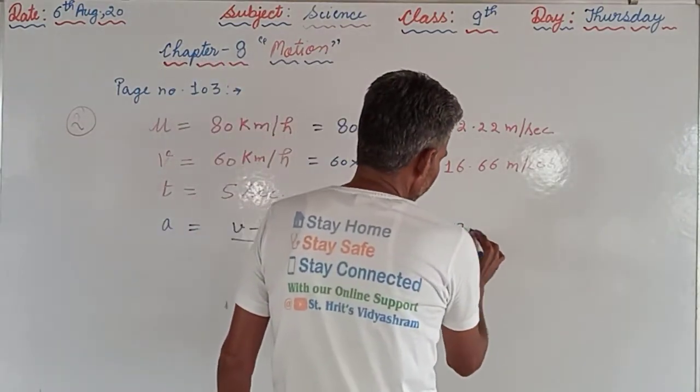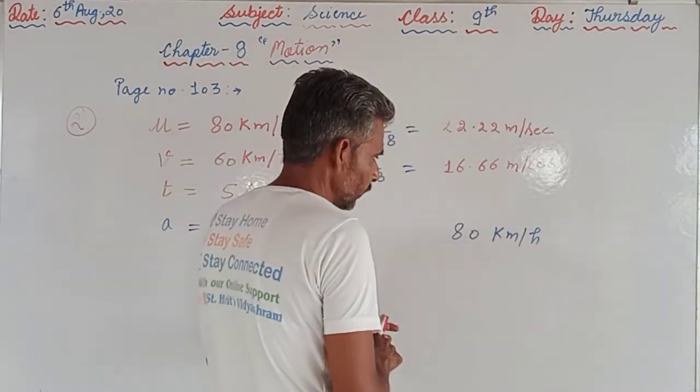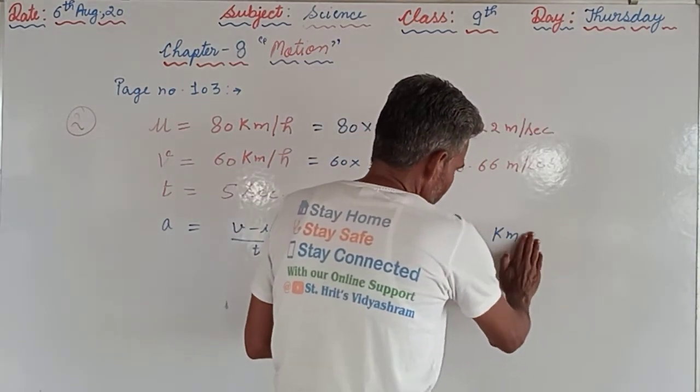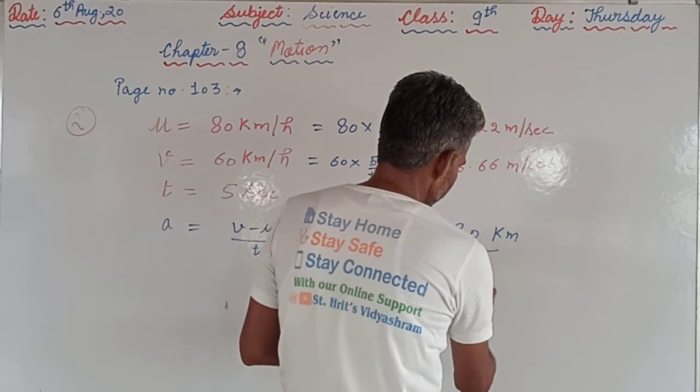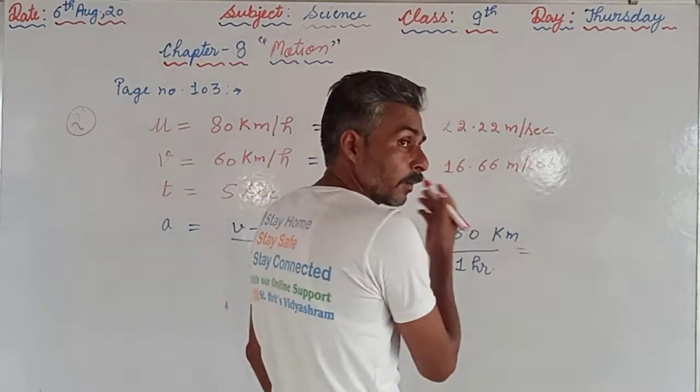So if 80 km per hour is there, means 80 km upon 1 hour. We are supposed to change into meters.